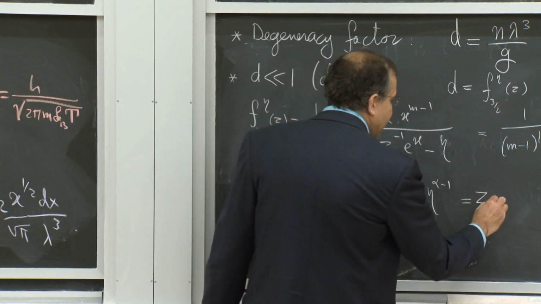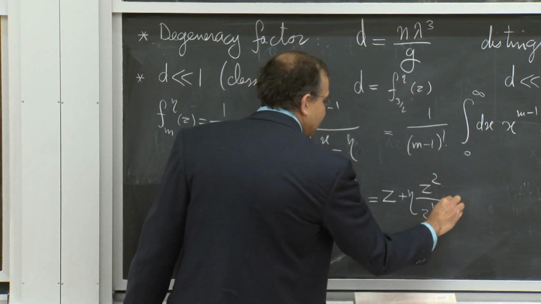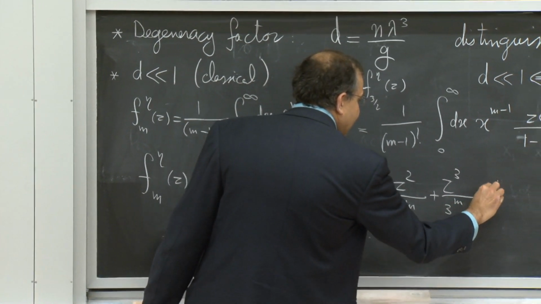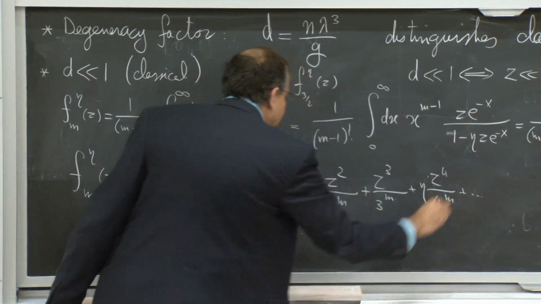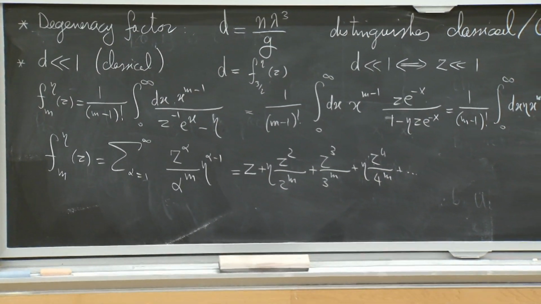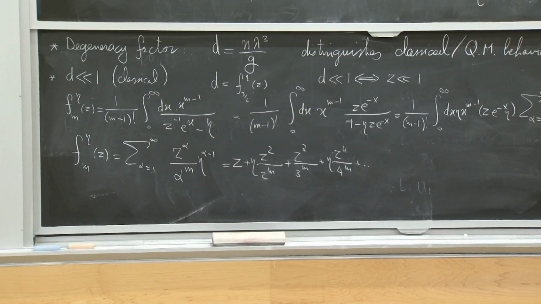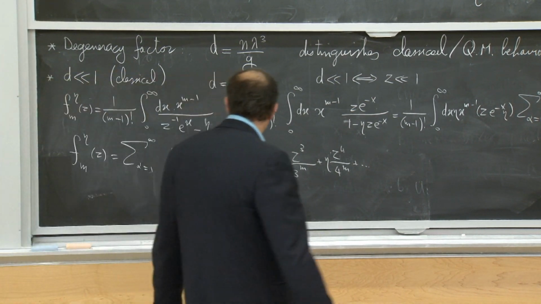It is z plus eta z squared over 2 to the m plus z cubed over 3 to the m plus eta z to the fourth over 4 to the m. And you can see why it is such a nice thing that really deserves to have a function named after it. So we call that nice series f. Okay.